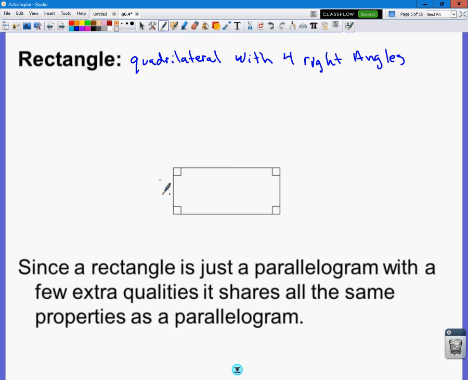I know that this shape is a rectangle because I can see that all four of the angles of my quadrilateral were 90 degrees.